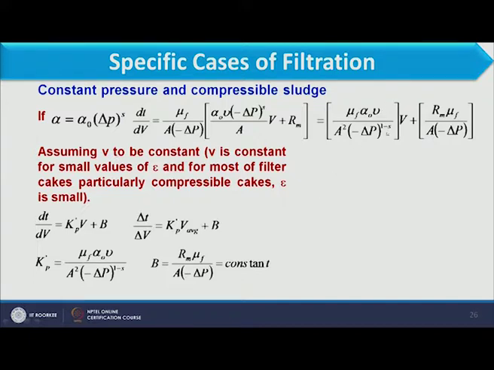All these constants will be collected as Kp dash, and all these constants will be collected as B. So again you see delta T by delta V would be a function of V average, which we can define like this.